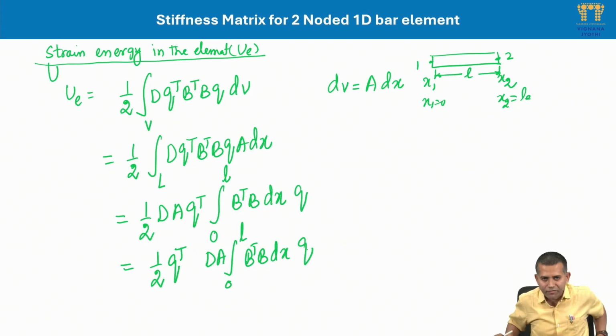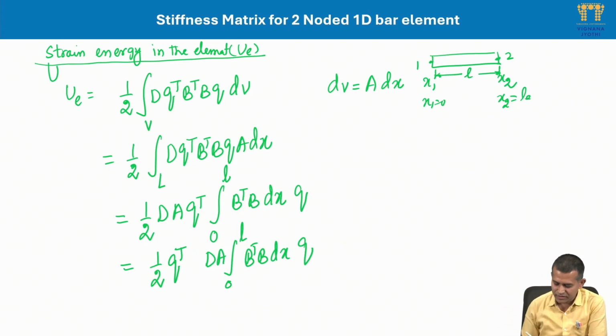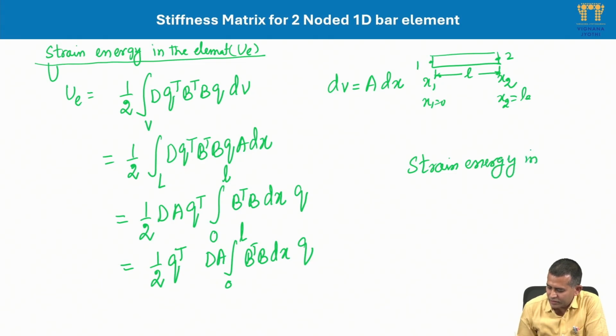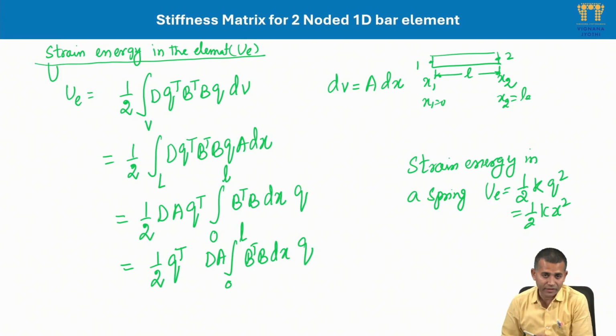And if you can recollect our previous class studies, we can write the strain energy in a spring. The strain energy in a spring, U, is nothing but half k q square, or sometimes we write it as half k x square, because mostly in high school you must have used the x term.